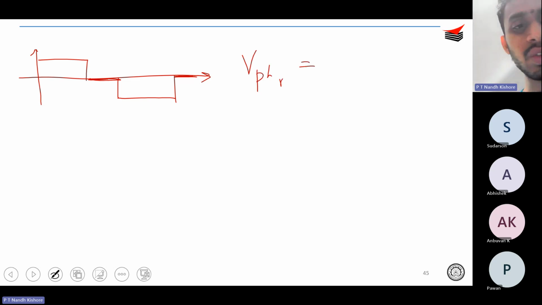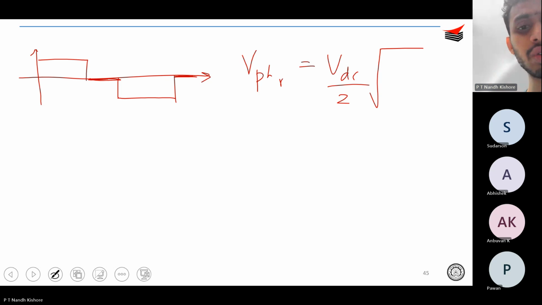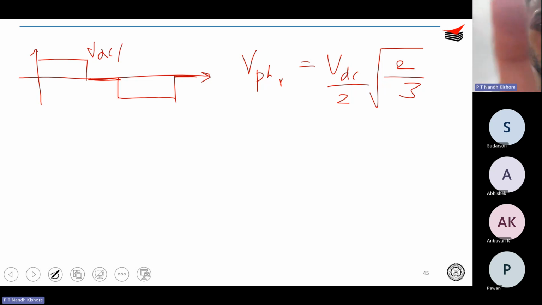V phase RMS is going to be VDC by 2 into root over 2 by 3. Yeah, this is VDC by 2. So this is your V phase RMS simply, right?